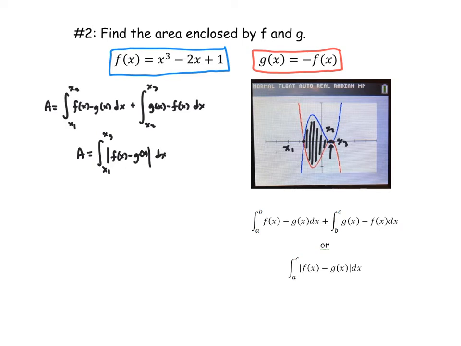Now a third way you could do this is, because these two functions are a vertical reflection of each other, I could just take double the area from x1 to x3 of the absolute value of f of x. So what would that look like, right?